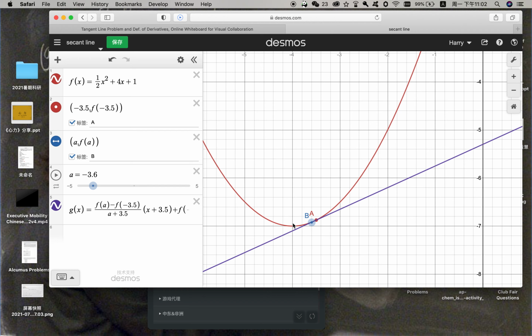So we can say that for a function f, if a moving point gets sufficiently close to a fixed point, then the secant line passing through that moving point and the fixed point will also be very, very close to the tangent line of f at point a.